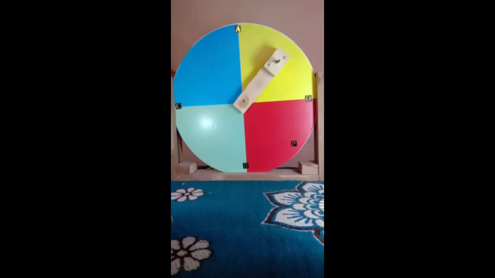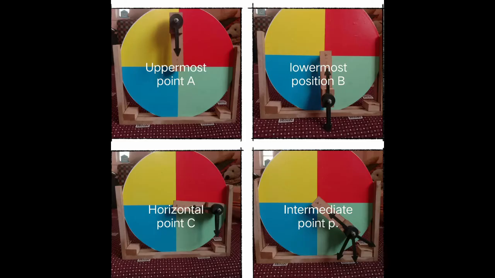When the object is in vertical circular motion, it will cross different points. For our simplicity, we will consider different points like topmost point A of the vertical circle, the bottom point B of the vertical circle, points C and D which are horizontally placed, and intermediate point P.